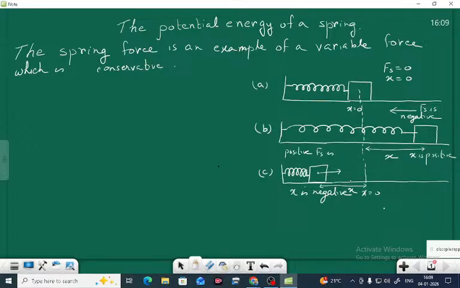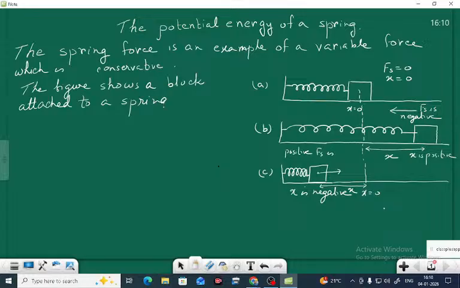The figure shows a block attached to a spring and resting on a smooth horizontal surface.